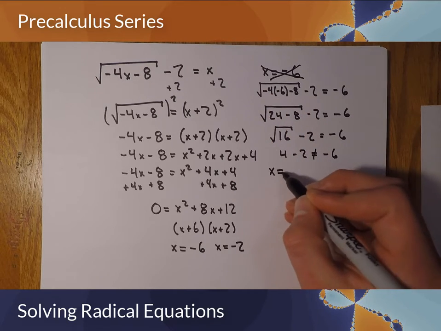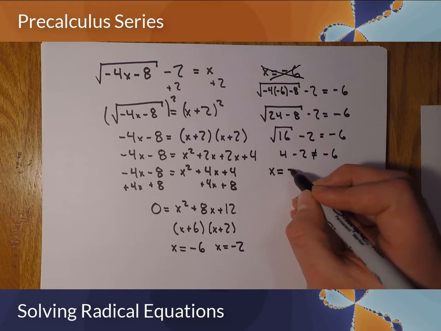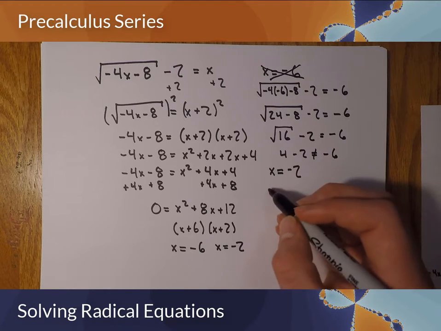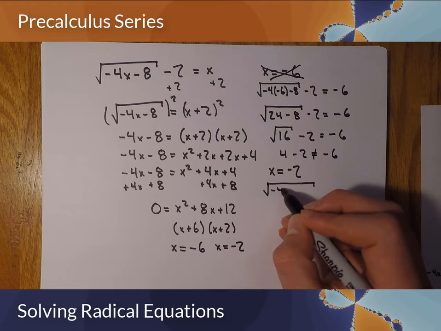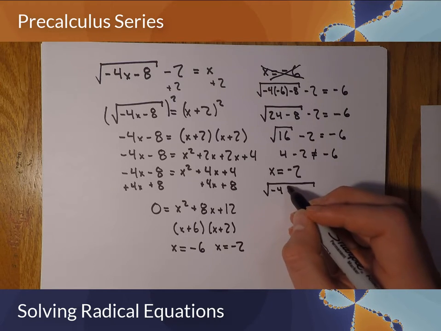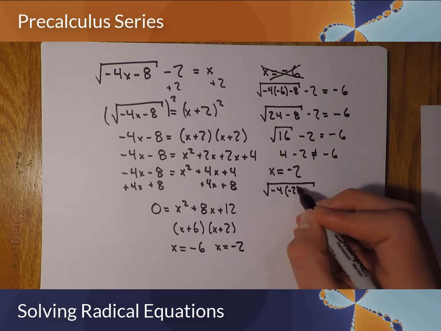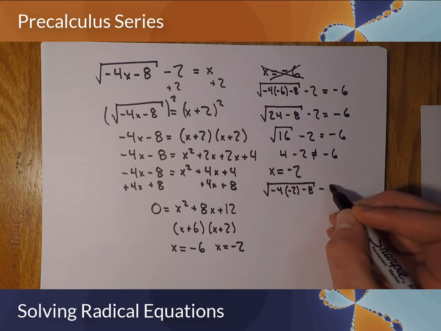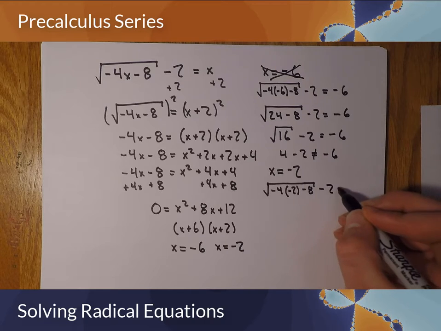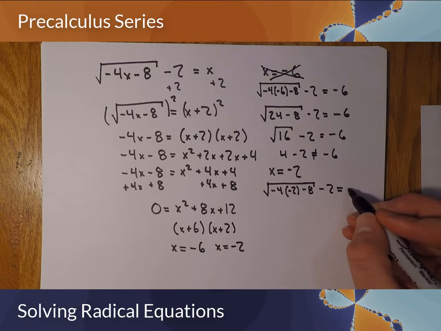Let's try x equals negative 2. So let's see here. We have the square root of negative 4 times negative 2 minus 8, minus 2 equal to negative 2.